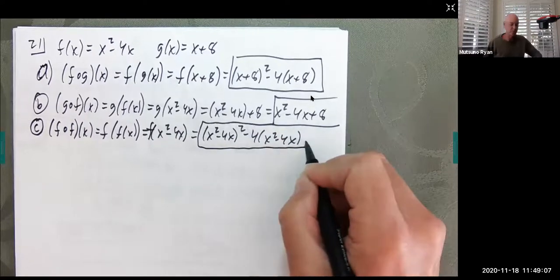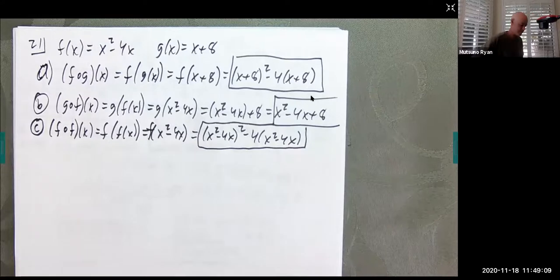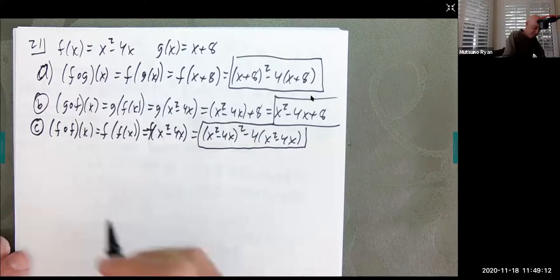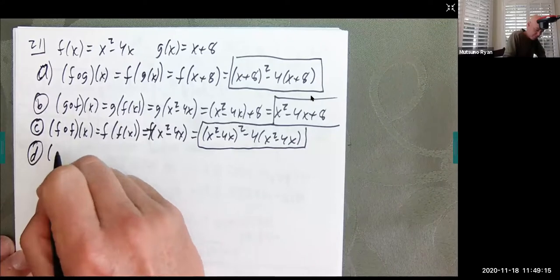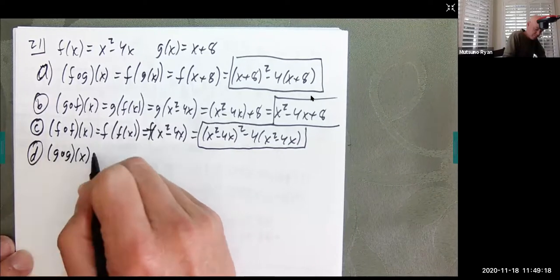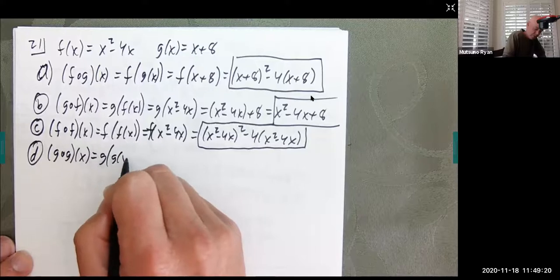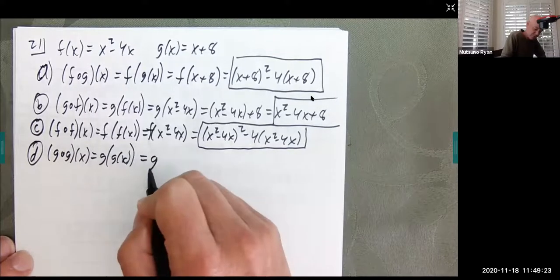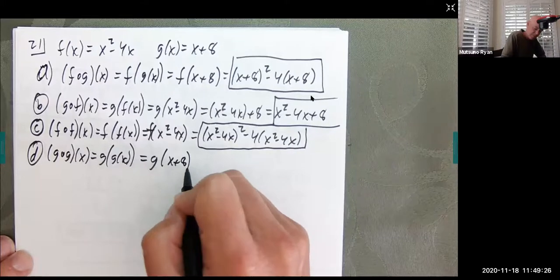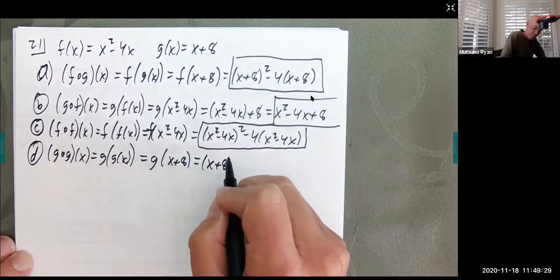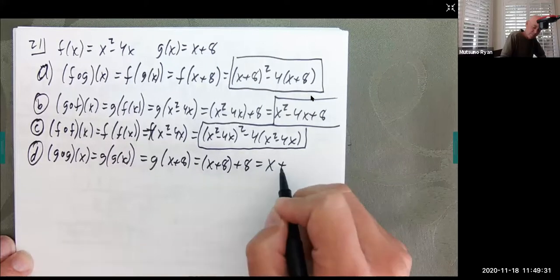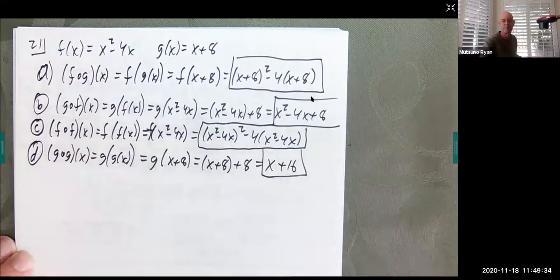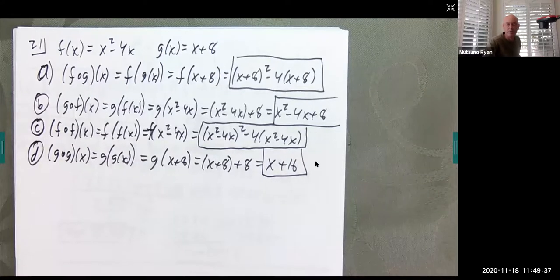There it is. Again, some teachers may have you multiply that out, which is fine. So here we're compositing g into itself as well. Not too bad.